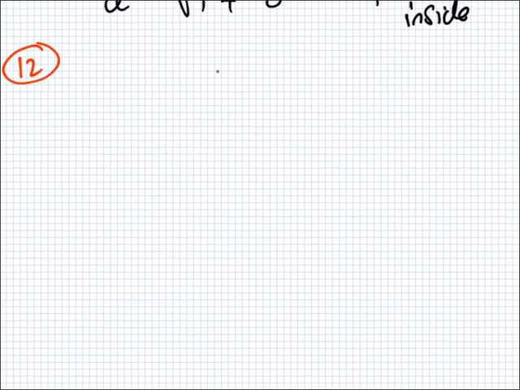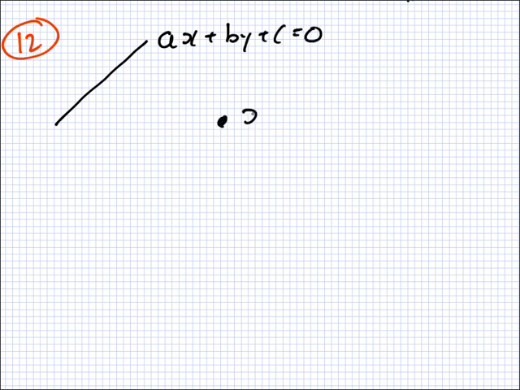Now for number 12, it'll be helpful if you have this formula, which you may or may not have seen before. Imagine we have this line, ax plus by plus c equals 0, and this point here, x1, y1. I want the distance which is perpendicular between the point and the line, called the perpendicular distance.